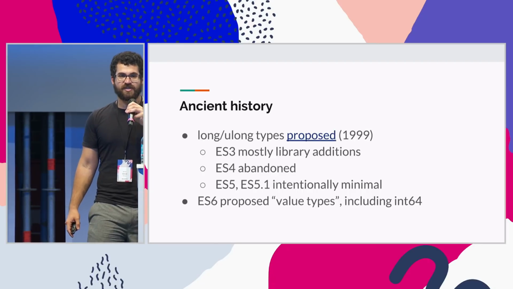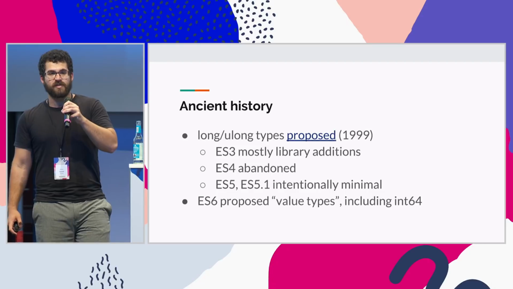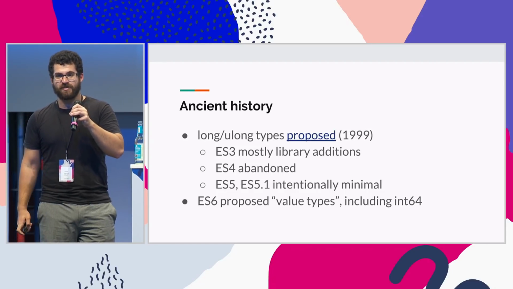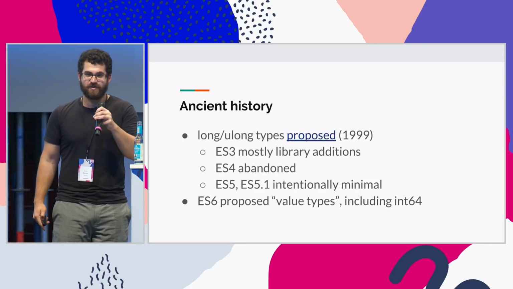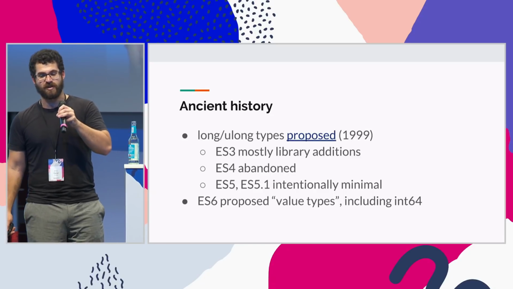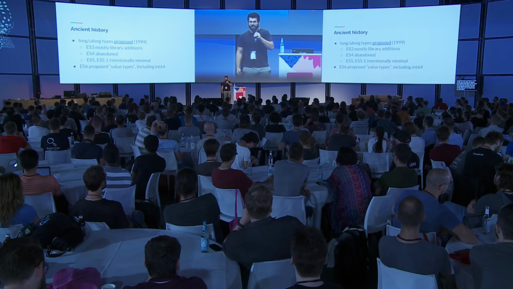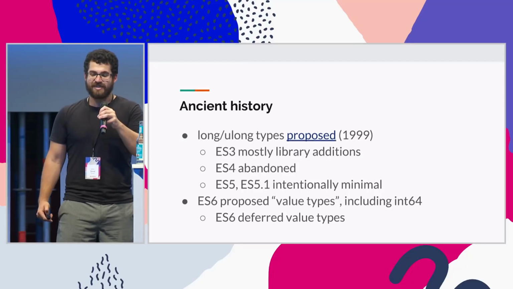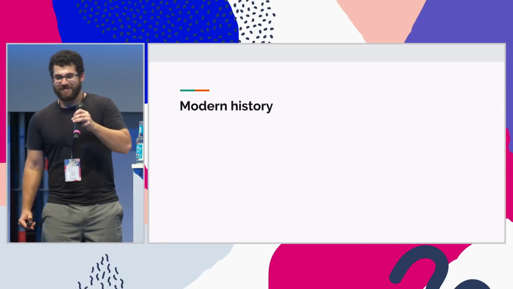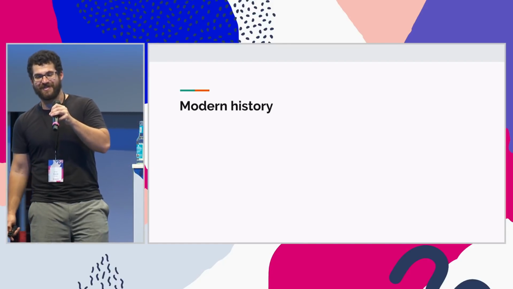As part of ES6, the committee was talking about adding value types, which would have been user-defined data types, so user-defined primitives. You can already define your own objects, but there's no way to define your own thing like number as a JavaScript programmer. And we're still talking about doing value types, but they weren't added in ES6. They're deferred until later. So long history of not yet doing larger integers.